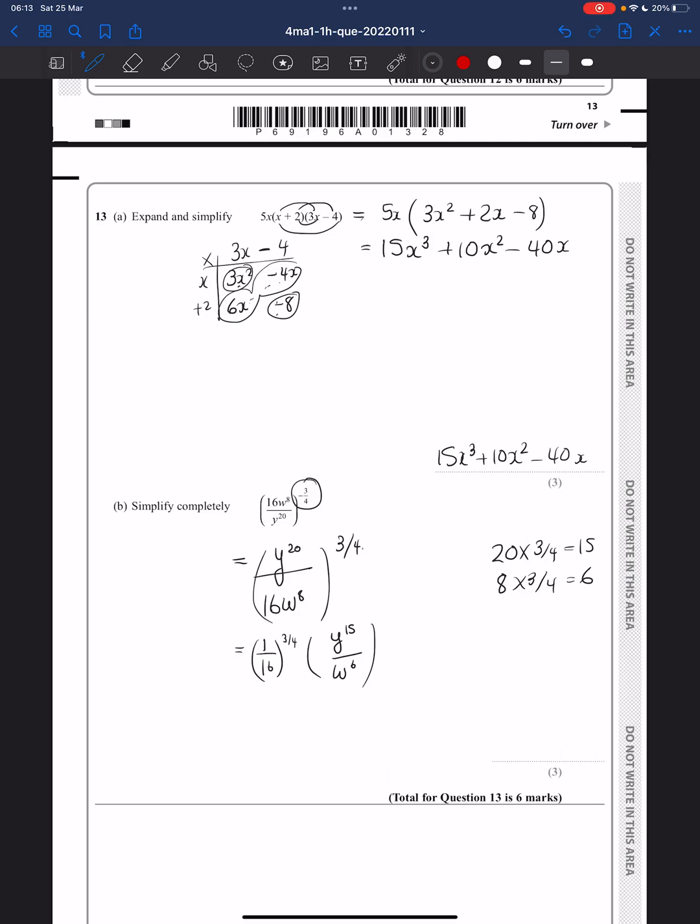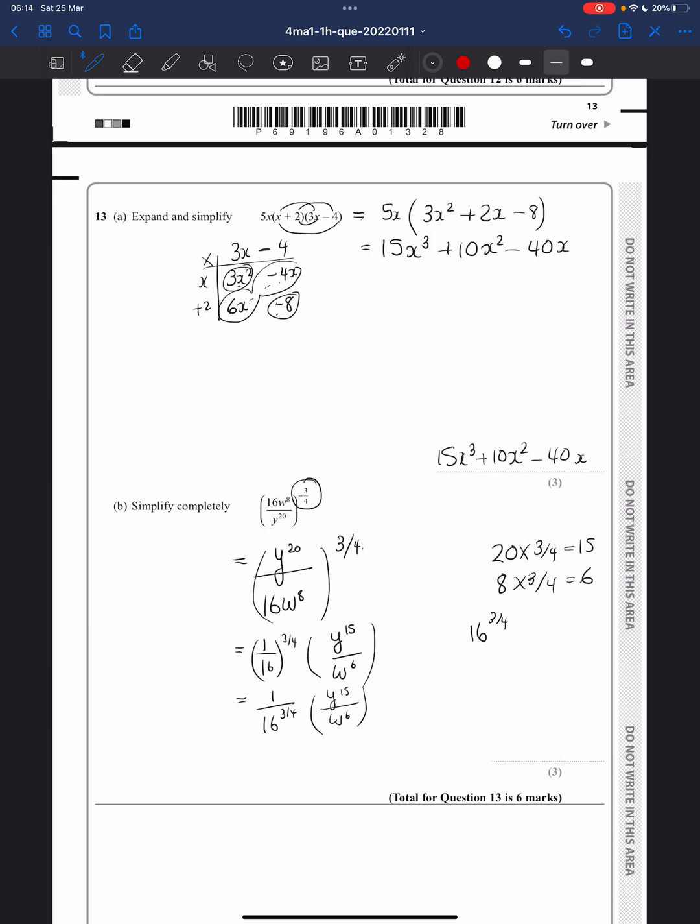Now 1/16. So this is what you can do here. It's 16 to the 3/4. It's still going to be 1 over, but 1 to the 3/4 is 1. So it's 1/16 to the 3/4, y to the 15, w to the 6.